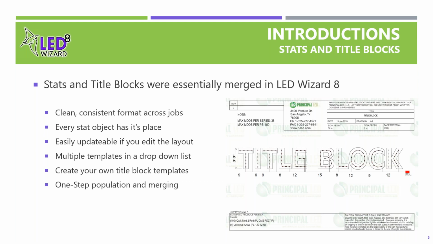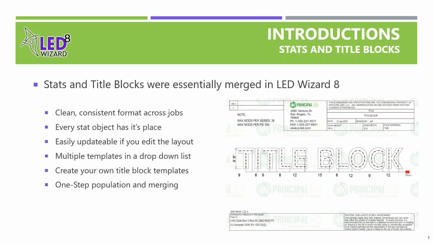There are multiple title block templates available now in an easy to use drop-down list, and you just pick the title block that you want to use for that given job. Of course, as I mentioned, you can create your own title block templates, and these can be derived from another template, even from another program perhaps, or you can design it from scratch.